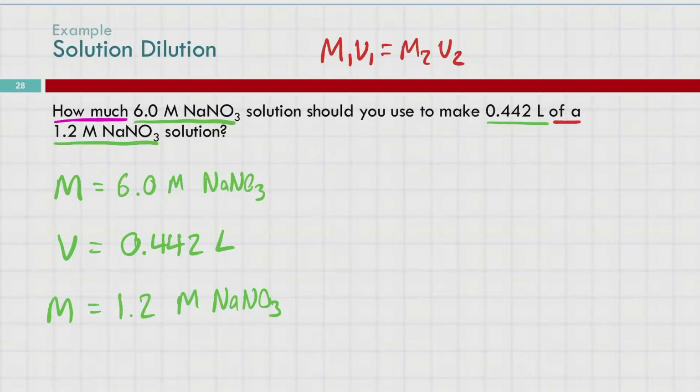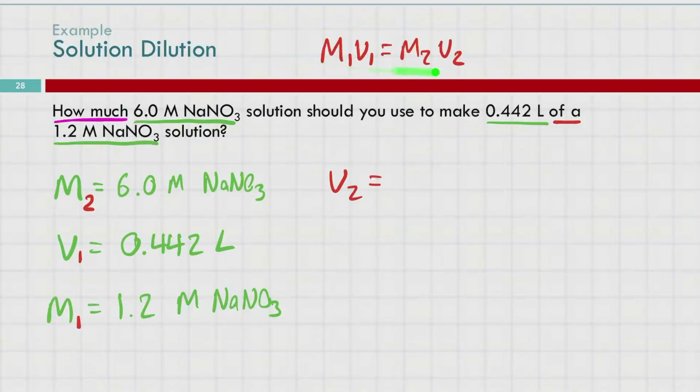That links those two things together. So let's call this V1 and M1. It doesn't matter if they're 1 or 2, just as long as they both have the same number. That would make this 6.0 molar M2. The thing that we don't have is V2.